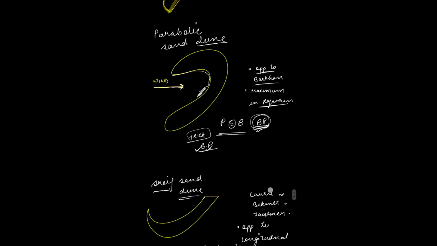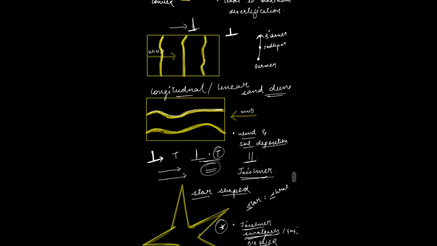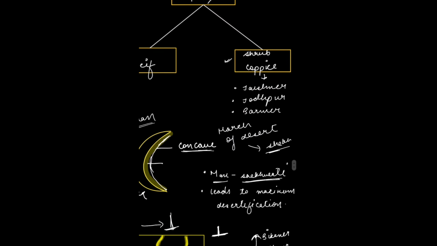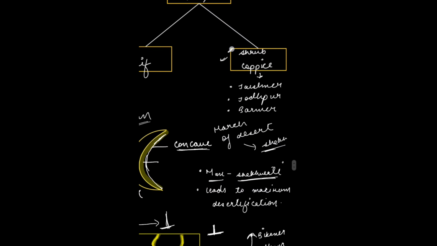Then we have the last, that is shrub copies. Shrub copies is a type of sand dune in which shrubs are present and we have a deposition of sand dune nearby the shrubs. It is termed as shrub copies, and the places where the sand dune is found are Jaisalmer, Jodhpur and Barmer.